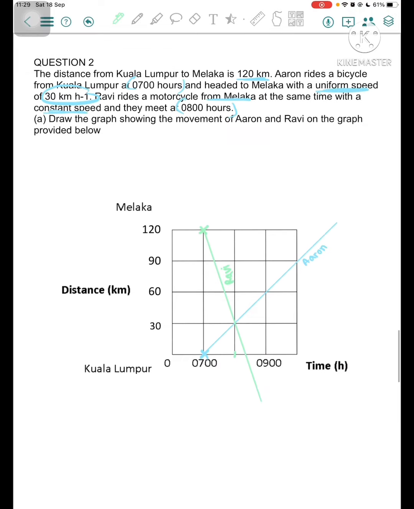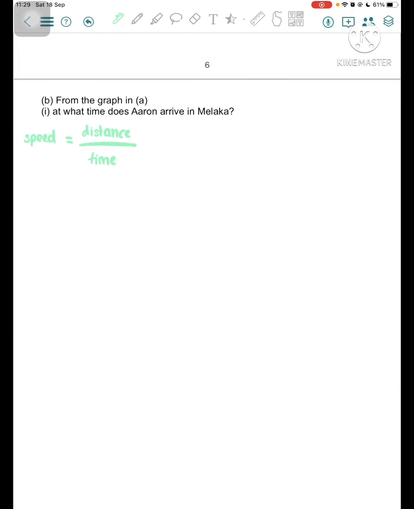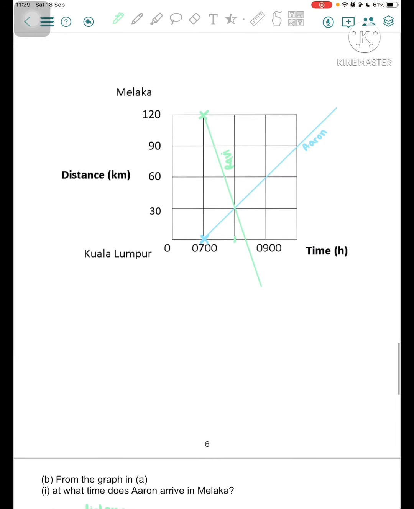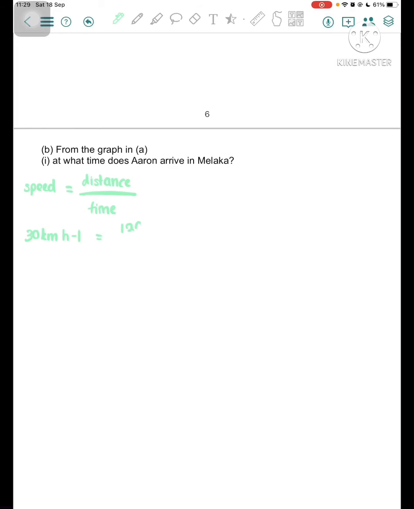Aaron's speed is 30 km h-1 equals to the distance from Kuala Lumpur to Melaka, 120 km. We don't know the time. Okay, to find time, we have to divide 120 km over 30 km h-1.